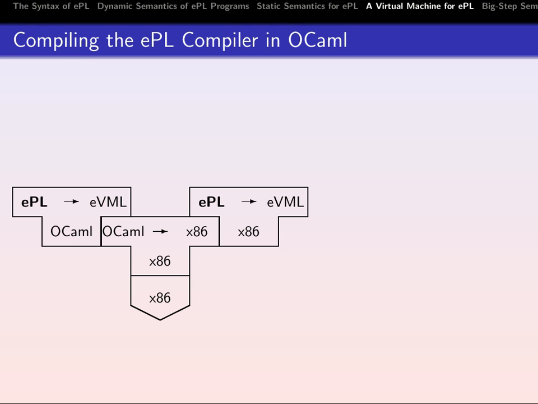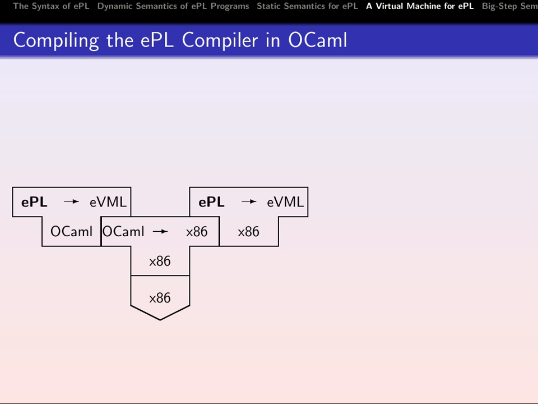Previously we were writing interpreters. So our EPL-to-virtual-machine is now a compiler. It takes the EPL and produces our own virtual machine code, and that's a program written in OCaml, and this element has to be represented by a T. The OCaml that we have, in which we have written our compiler, has to be compiled.